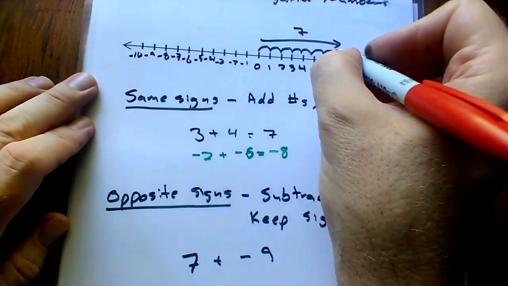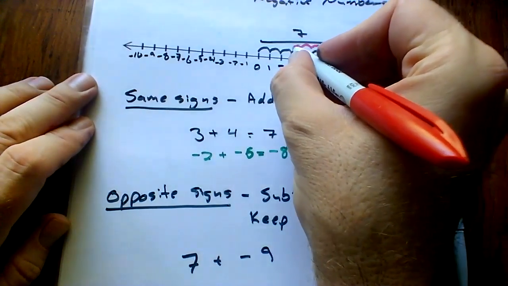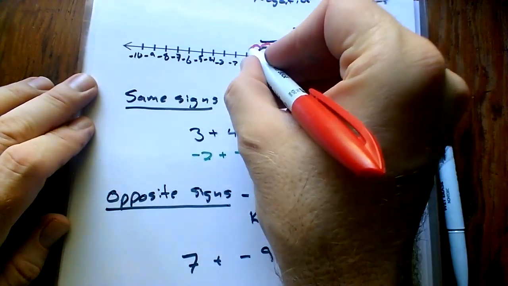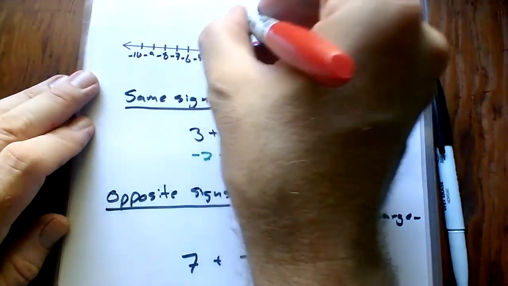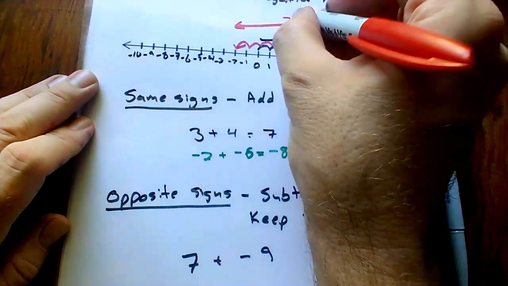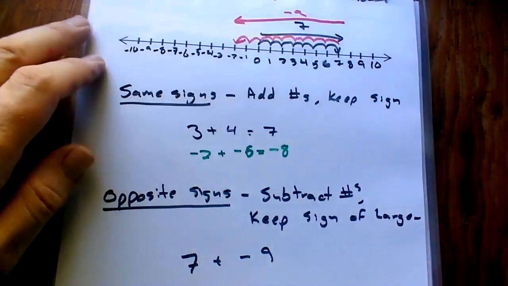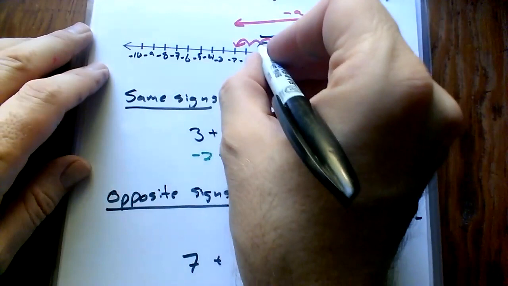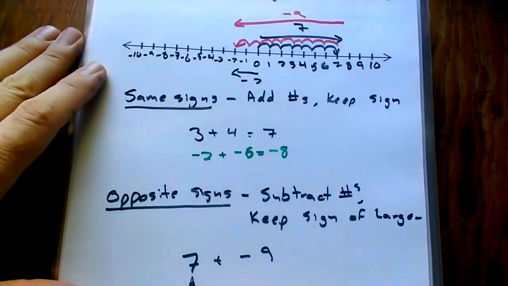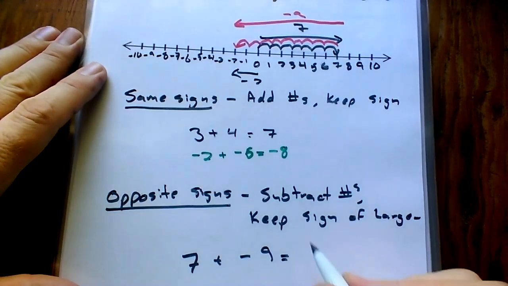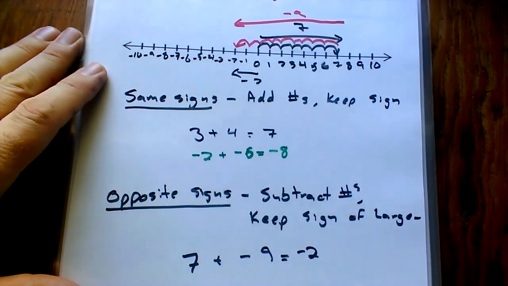So from this point, it goes 1, 2, 3, 4, 5, 6, 7, 8, 9. From this point, it is going to go back 9. And from 0, from where I started, I have gone back negative 2. 9 minus 7 is equal to negative 2.